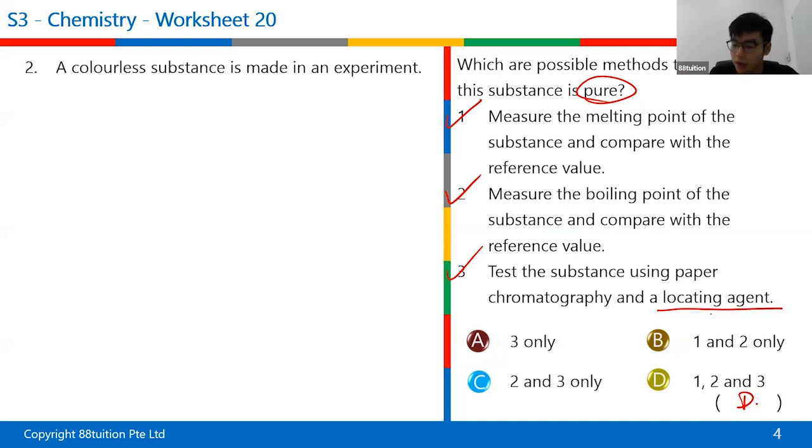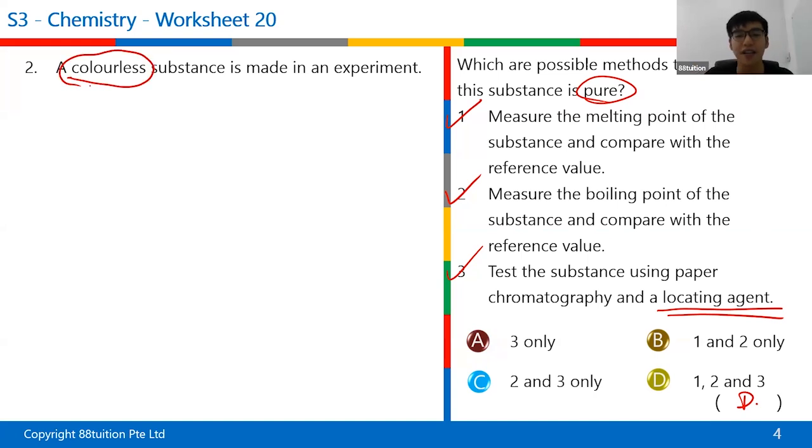Can anyone share with me if you remember what is the purpose of a locating agent? Randall says those chemicals that cannot be seen. Because over here they're telling you have a colorless substance.